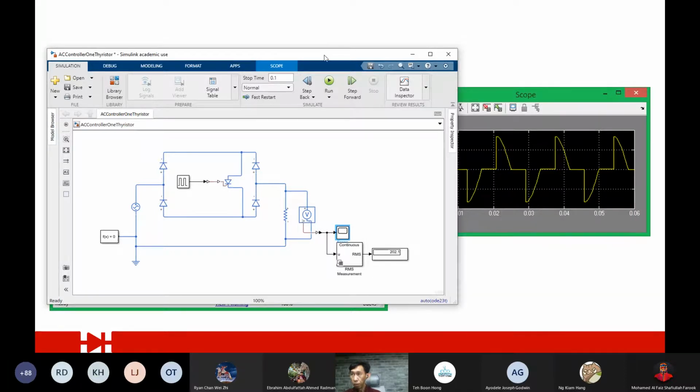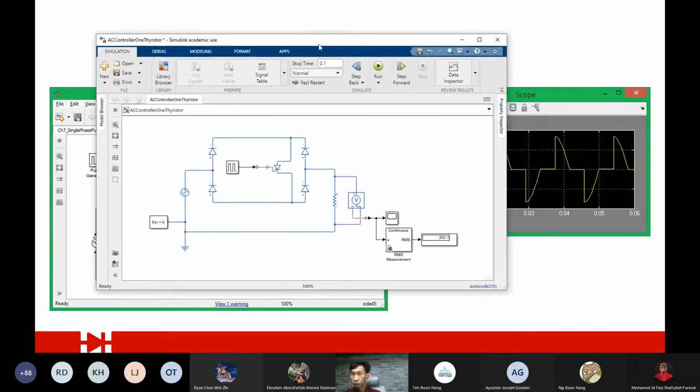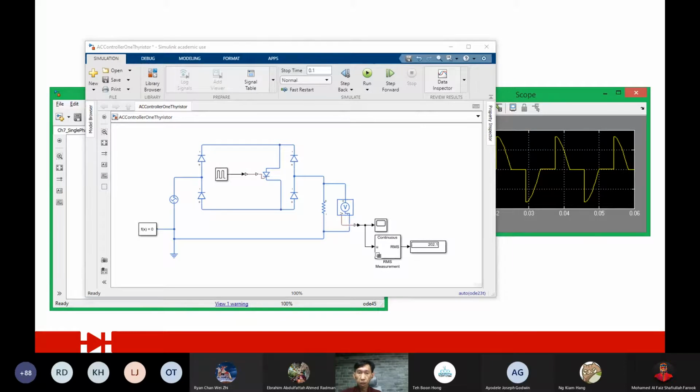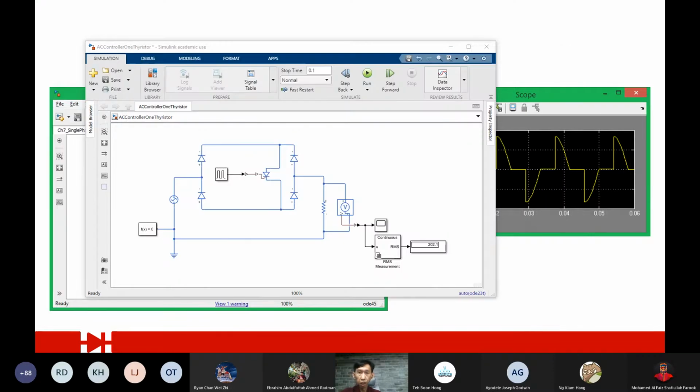Meanwhile, can you guys do this and show me in the chat box? At the same time, I'm going to see whoever I can invite again. All right, please do this.